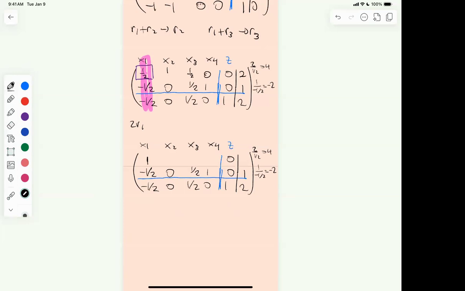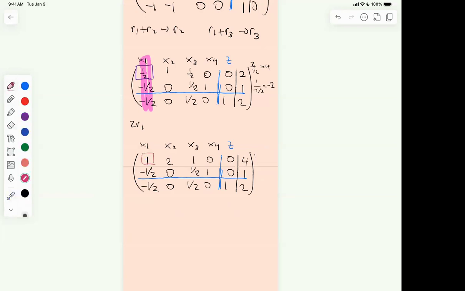So that gives you 1, 2, 1, 0, 0, 4. Okay. And then finally, you make zeros everywhere underneath that 1.